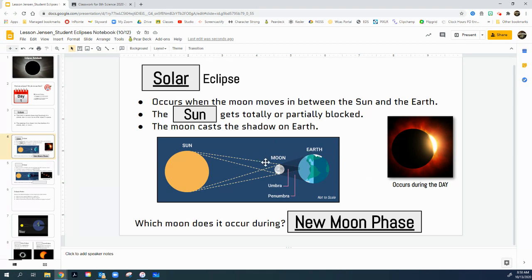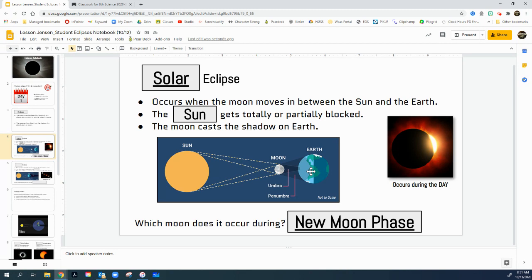But every so often, as the earth goes around the sun, there is a point when the moon comes down where it's perfectly in alignment so that it can cast a shadow on the earth while the sun is shining. And that does happen, and it can only happen if we're in a new moon phase, and it has to be just the right angle of the earth going around the sun and the moon going around the earth for that to happen.